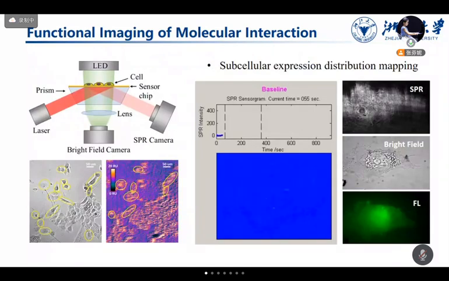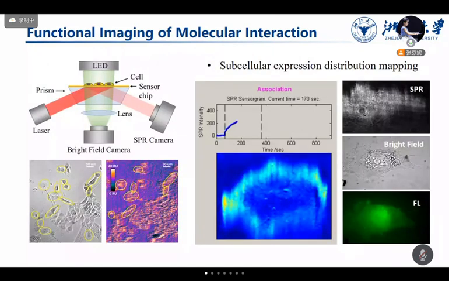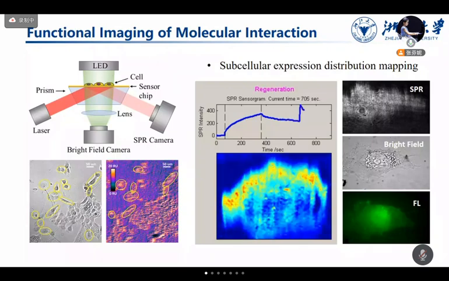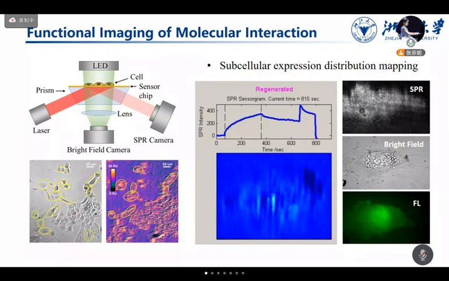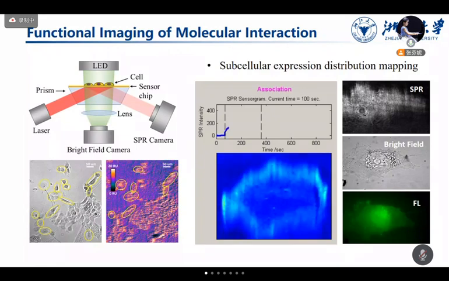So what we have done is combine cell culture with our SPR imaging system. You can see here we can use the bright field to see the morphology of cells, and also see how the cell interacts with the surface. When we introduce the drug targets on the surface, we see real-time binding, both the temporal responses and the spatial distribution.